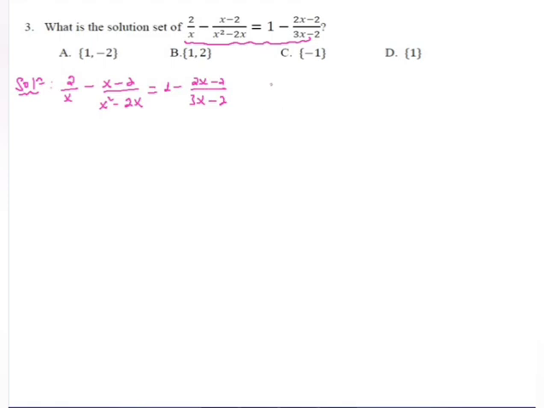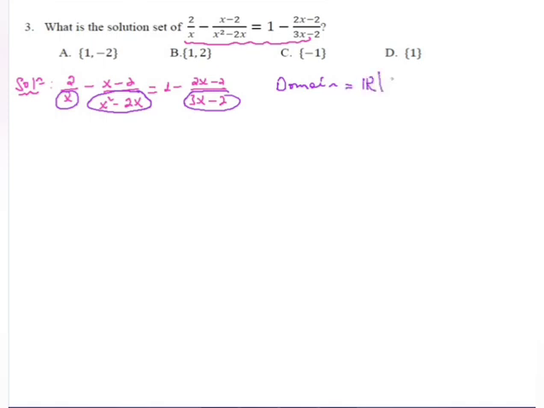This is the equation. So this will be undefined whenever x is 0, whenever x is 2, and whenever x is 2 over 3. The things that I am encircling here will be 0 whenever x is 0, 2, and 2 over 3.